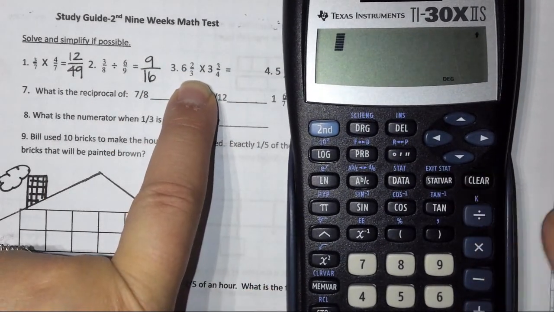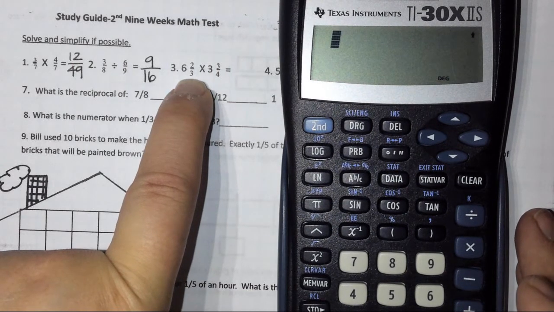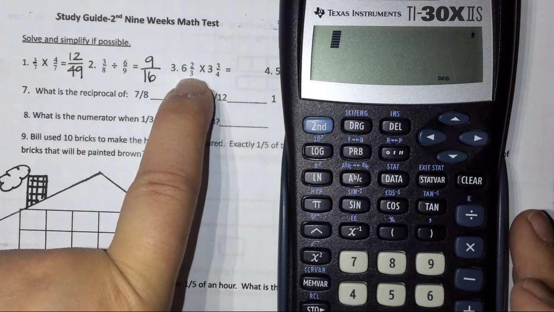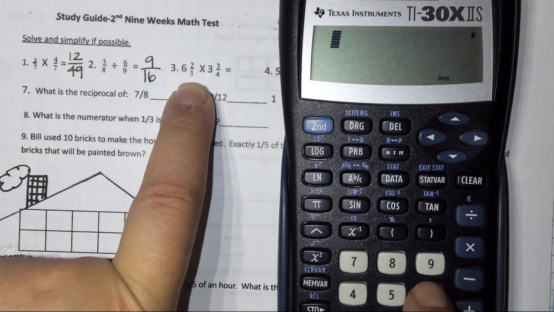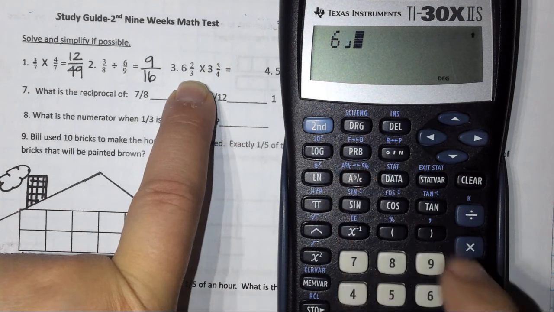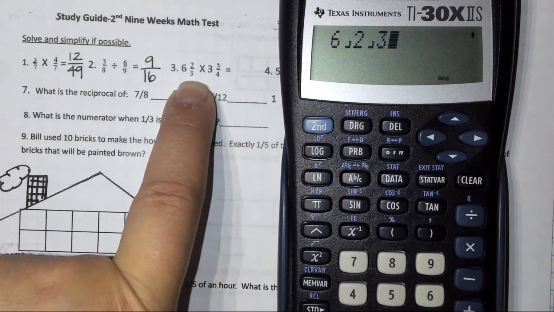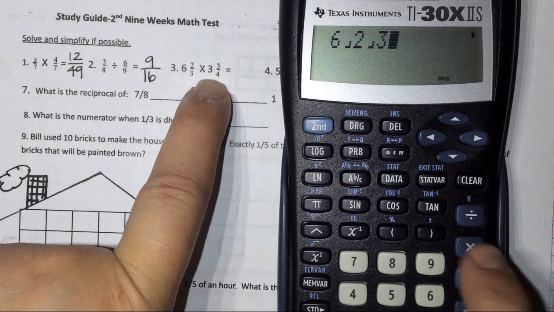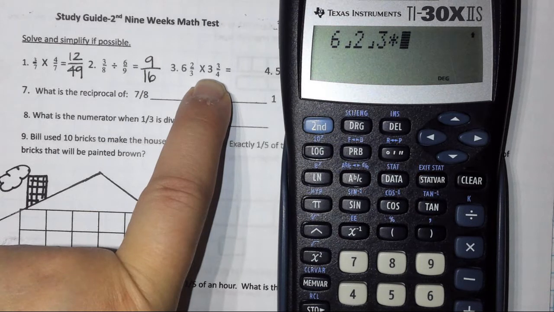Okay? When you have a mixed number, what am I going to do with my calculator? What do I have to do? Anybody? You do 6, fraction button, and then 2, fraction button, and then 30. Yes, you've got to hit that fraction button in between your whole number and your fraction, and then your numerator and denominator.